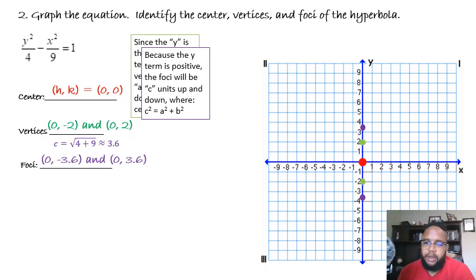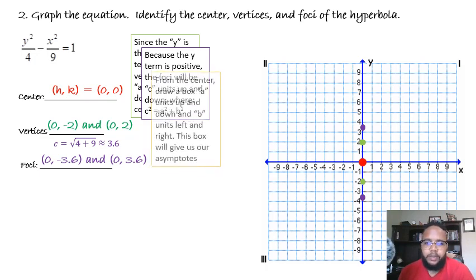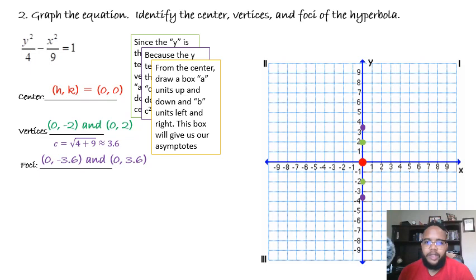Now again, we're going to make the same box we did in the last question. From the center, we're going to draw a box A units up and down and B units left and right. The only difference now is what's going up and down and what's going left and right. Although we denote it by A and B, I like to think of it as the number under the Y and the number under the X. The number under the Y is going to tell you how much to go up and down, and the number under the X will tell you how far to go left and right.